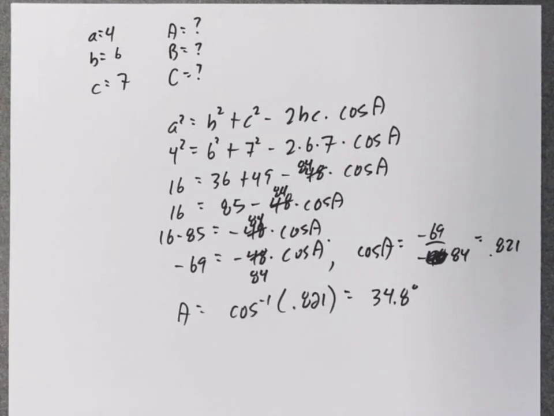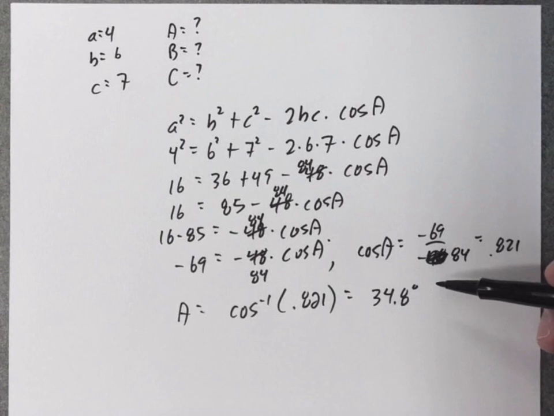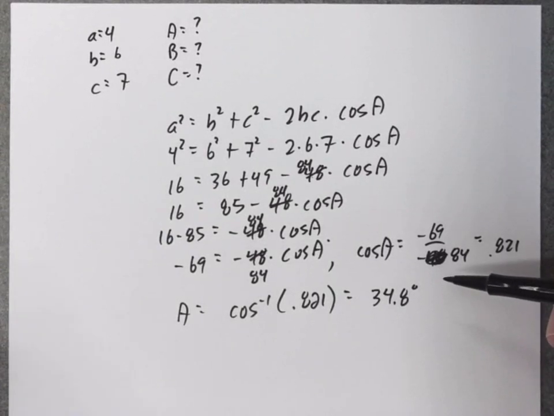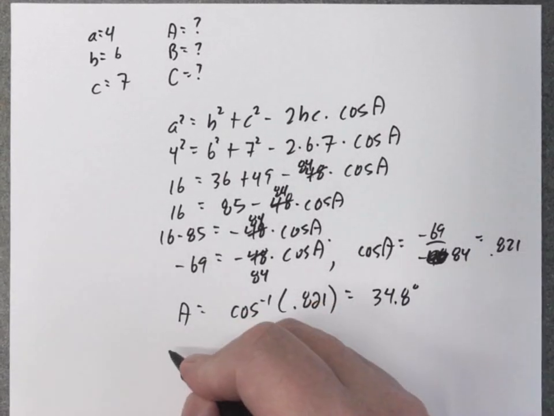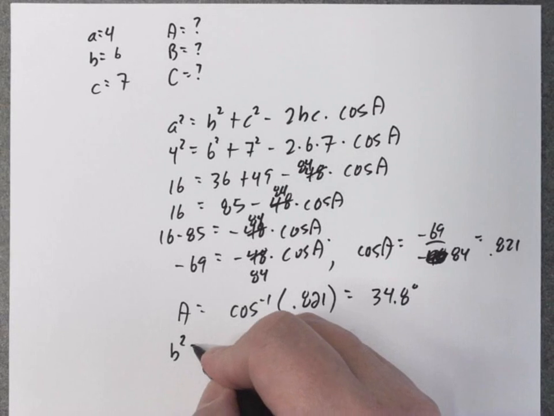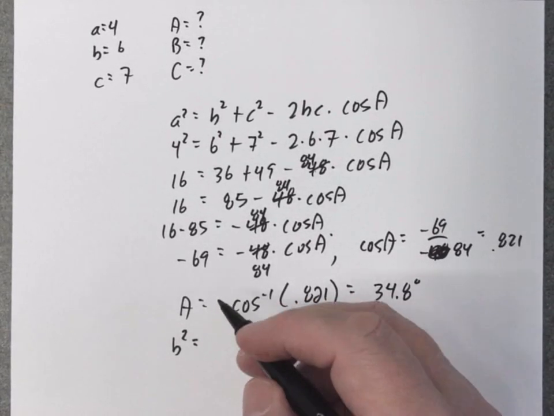Now, at this point, if you want to take a risk and you can remember all the rules, you can switch to law of sines, but I don't want to have to memorize all the rules and stuff. I'm just going to go ahead and use this equation to calculate angle B.